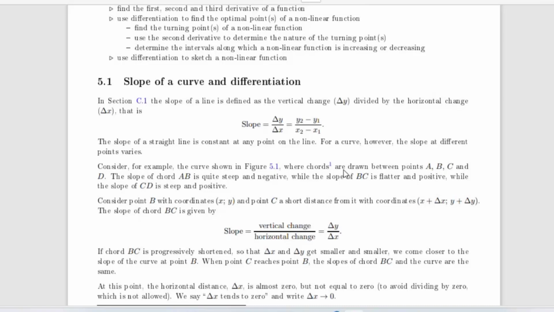If the first point is P1 with the coordinates x1 and y1, and the next one is P2, then the coordinates will be x2 and y2. You need 2 values there, an x value and a y value for a point. So that's why we have y2 minus y1 over x2 minus x1.